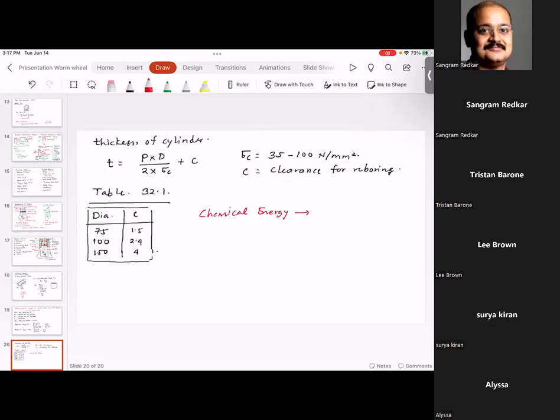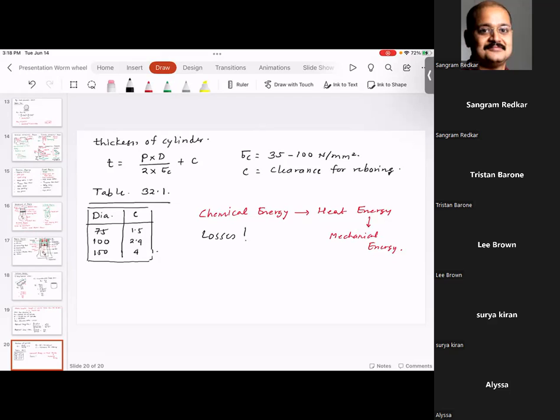That is converted to heat energy. This heat energy is converted into mechanical energy. And as these energy transfers occur, you get losses.